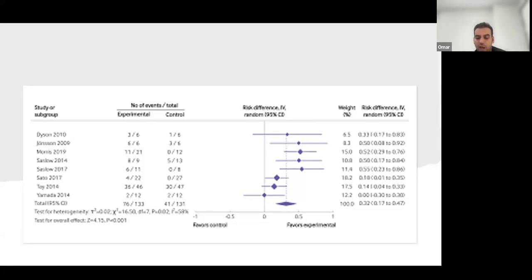Heterogeneity. You'll see a lot of badly written papers where people have pulled lots of data together, but all of the studies are completely different. So one study is looking at steroid injections in patients who are under the age of 20, and another study is looking at patients who are over the age of 60.